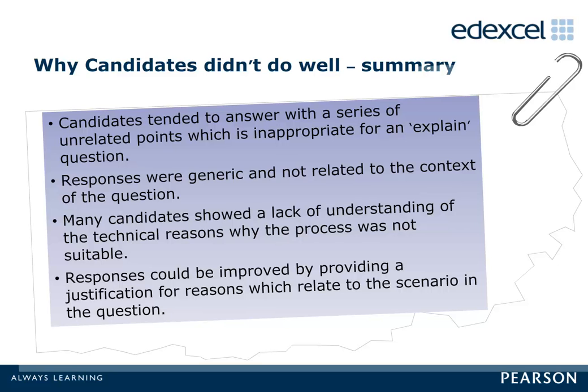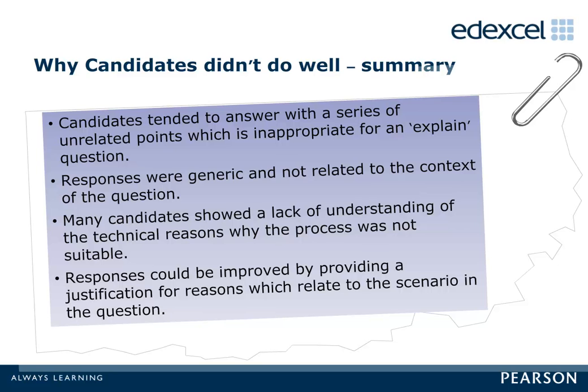The reasons why some candidates performed less well in this particular question are broadly similar to those for the other explain type questions. The most common reason being that candidates do not address the explanation requirement of the question, instead tending to answer with a series of unrelated points, occasionally in the form of a bullet-pointed list.